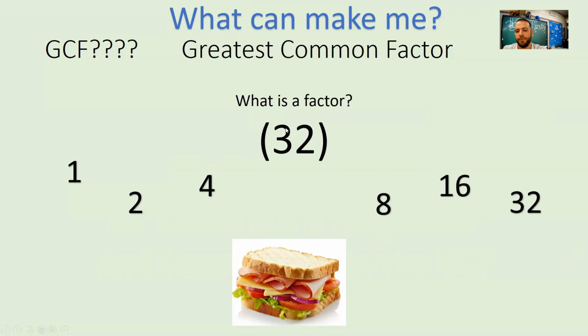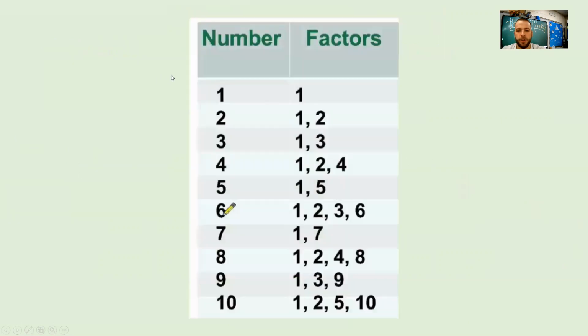32 is only one number, but to find the one punch knockout, you look at your fraction, you look at both numbers, and you find the biggest factor they both have in common. So like, here are a list of factors for 1 through 10, right?